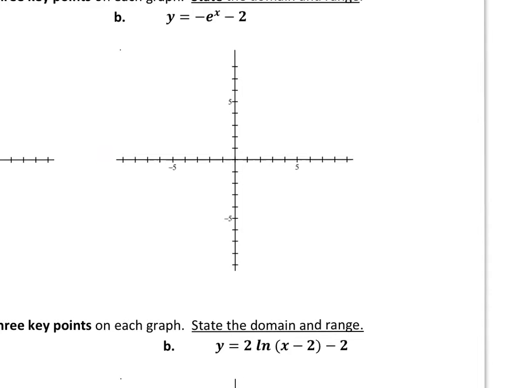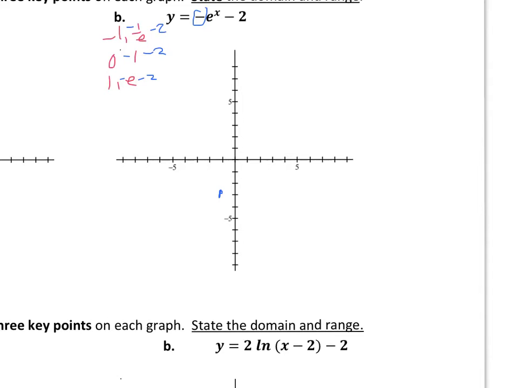So again, our normal points, let's start them. Now this is an exponential, so we've got negative 1 and 1 over e, 0 and 1, and 1 and e, correct? That's where we start. Now the negative here is going to change all these signs. And then the minus 2, we're going to take all those and subtract 2 from them. Correct? All right, so now we're at negative 1 and negative 1/2 minus 2, roughly negative 1/2.